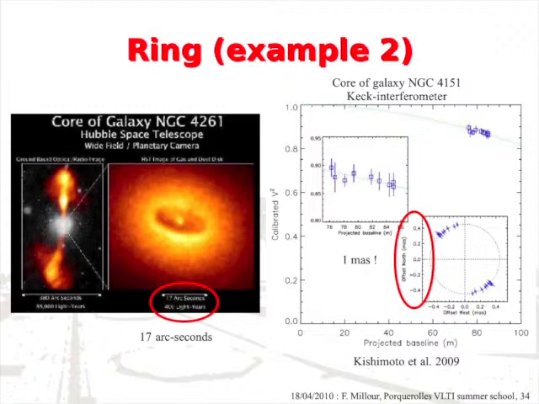This is for one AGN, but on another AGN, people used interferometry to show a similar ring-like structure around the core of the AGN, but this time it's not starburst, it's a dust sublimation ring around the central black hole of the AGN. If you look at the difference here, this is 17 arcseconds, this is 1 milliarcsecond, so it's 10,000 times smaller.